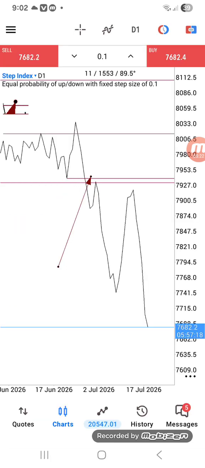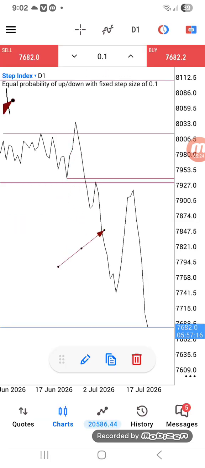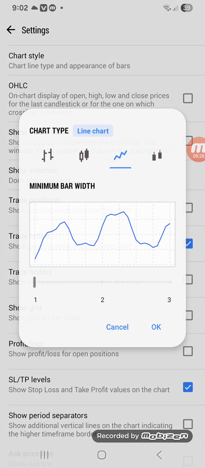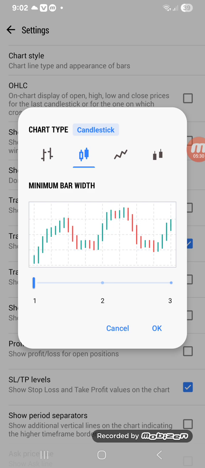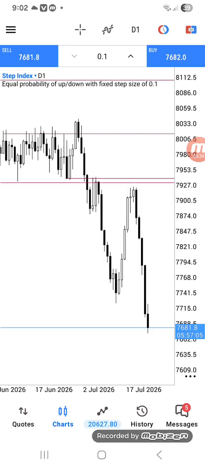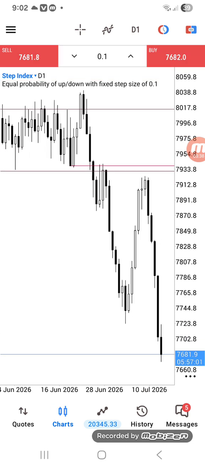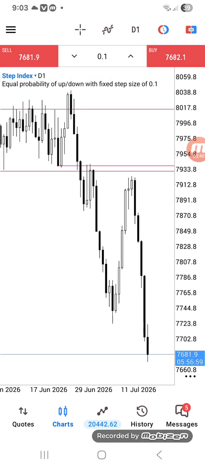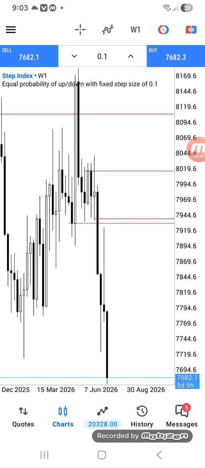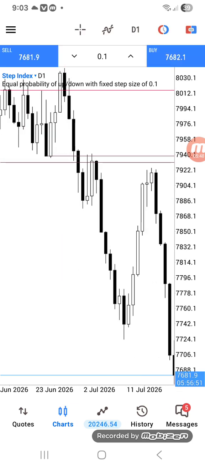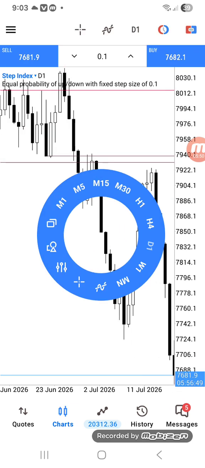The other thing is you have to make sure that the storyline on the daily also aligns with the weekly time frame.